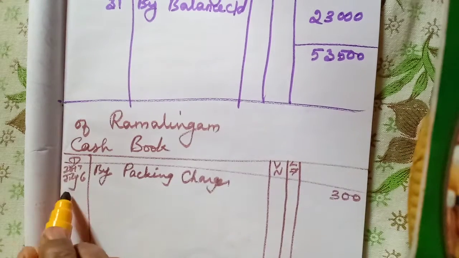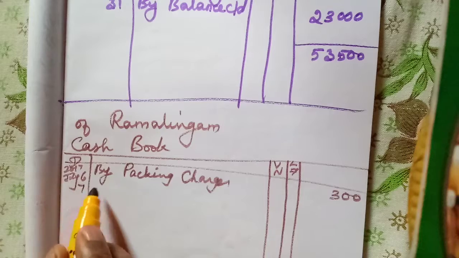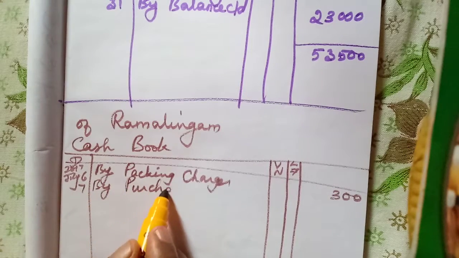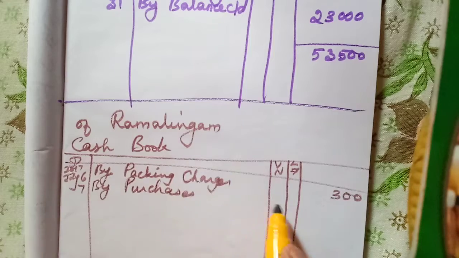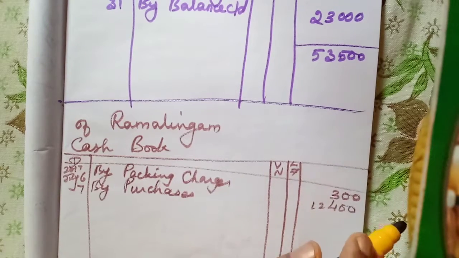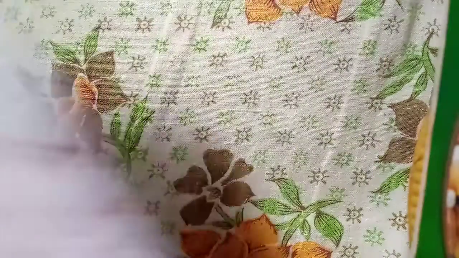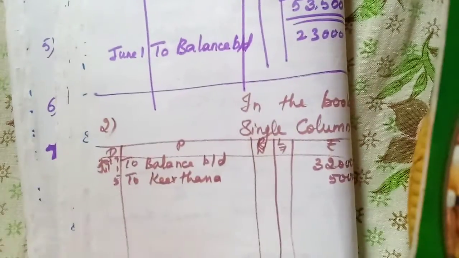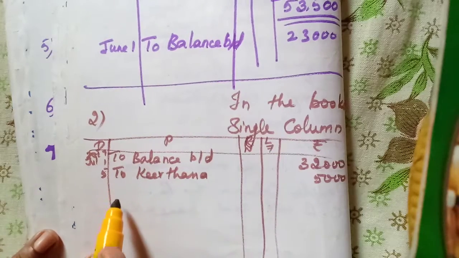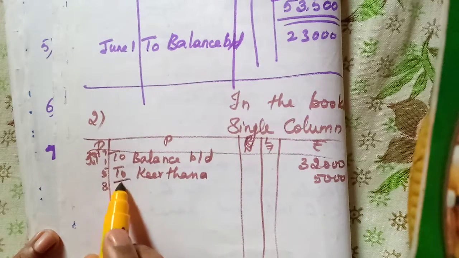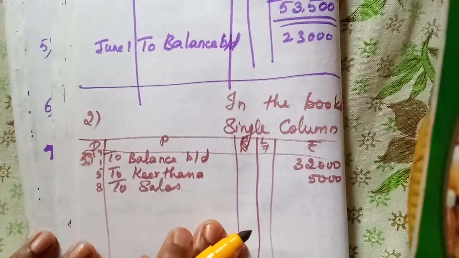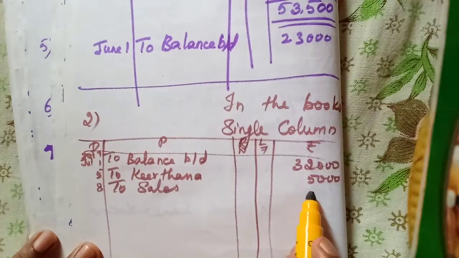Cash purchases, so by purchases, 12,400. Sold goods for cash, so to sales, 2,600.